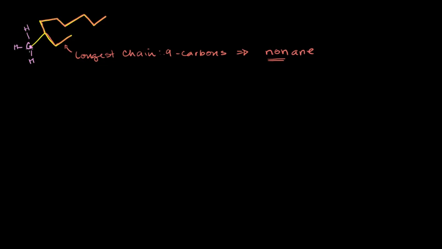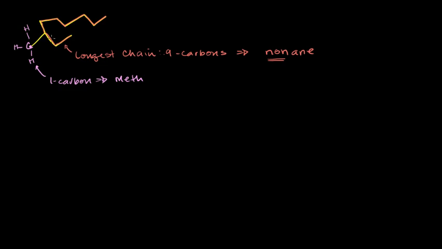But what is this thing right here? Well, it's one carbon. So you might be tempted to say it's methane, but it's not methane because it's attached to other things. But it would be right to use the prefix meth. So this is one carbon, and you would want to use the prefix meth.